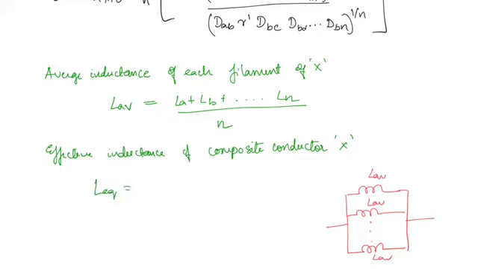L equivalent is equal to the inductance of each inductor divided by how many inductors are present, that is n. So this formula is valid when all of the inductors have the same value. So here you are going to get LA plus LB plus so on till Ln divided by n square. This will be the effective inductance of the composite conductor.